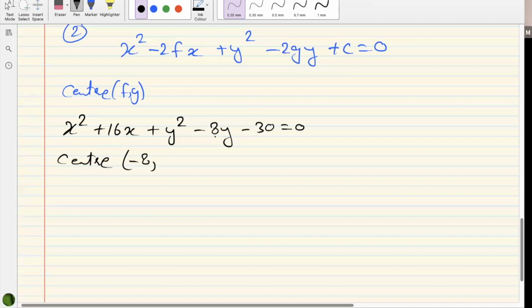Coefficient of y, which is minus 8, half and sign change, which will be plus 4. So the coordinates of center are straight away this. Whatever the coefficient of x and y is, half and sign change.